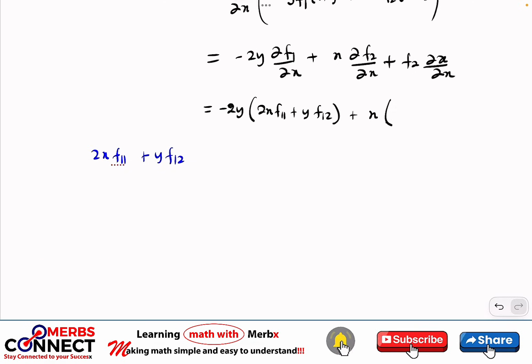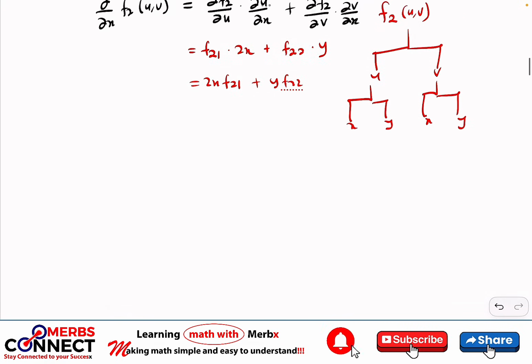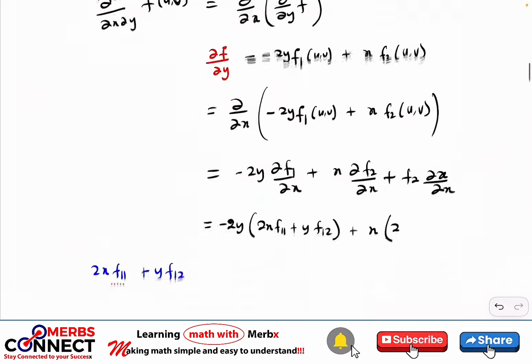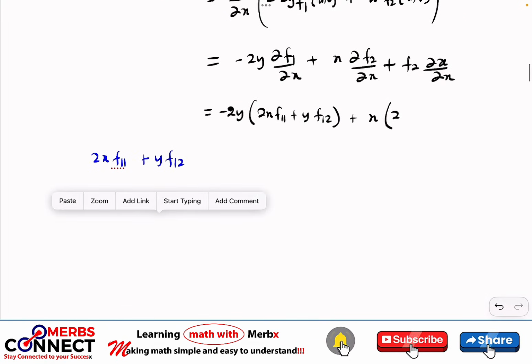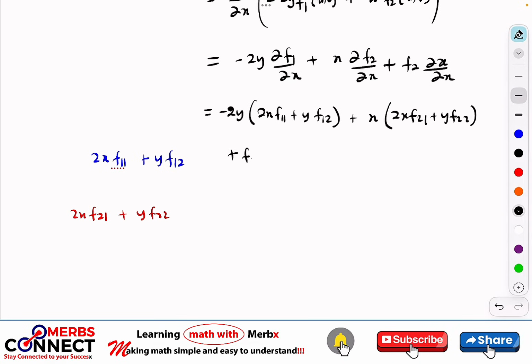Okay, let me just look at it here. I think I just did copy and paste, right? I can copy and paste again. Okay, good. So we have it here. x f21 plus y f22 plus f2, because this is going to give us 1.